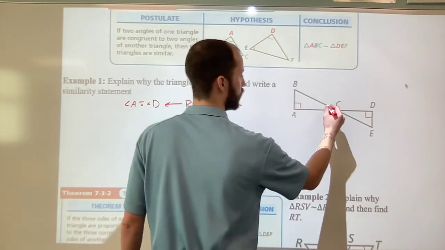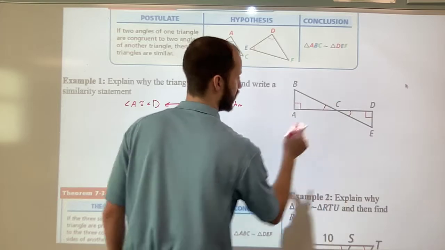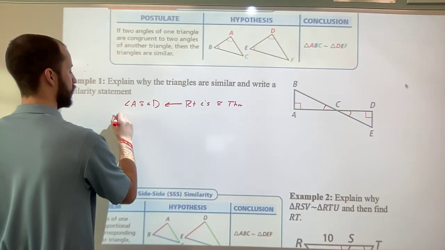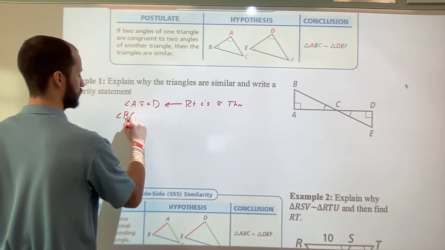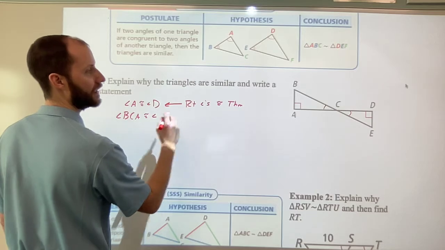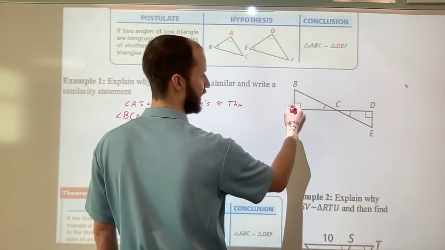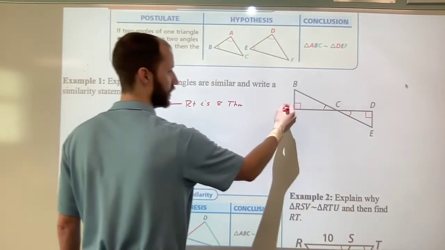We also know, because we have opposite angles on opposite sides of an intersection, so vertical angles, that angle BCA is congruent to angle ECD.